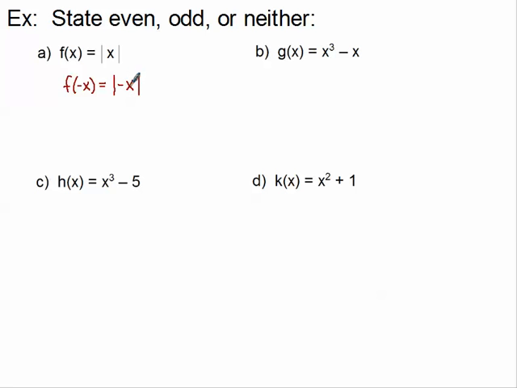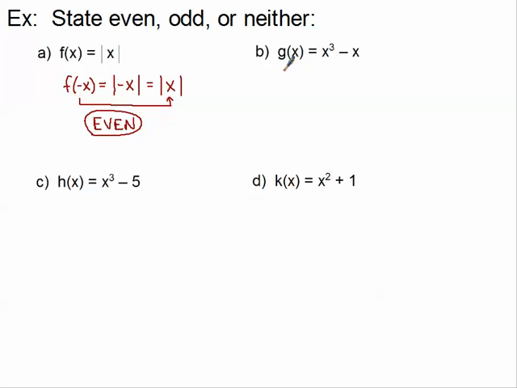So the absolute value of negative x actually still is the same thing as the absolute value of positive x. So since f of negative x yielded the same exact thing as f of positive x, then we must know that this is an even function. When we put in a negative x, nothing changed. And if nothing changes, then we have an even function.